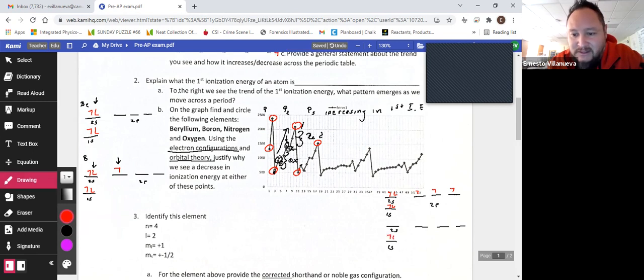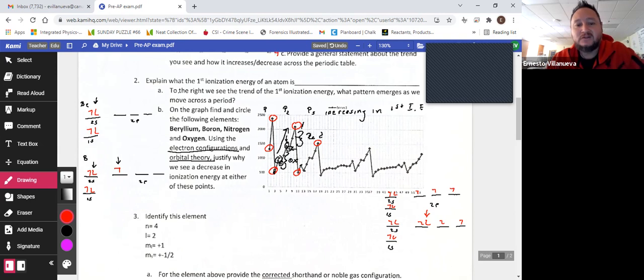Because that happens, oxygen is going to be in the same boat as boron. It's going to have that one extra electron that's going to screw up all the balance, all the symmetry, and the stability. So it's going to dip in ionization energy, just to get rid of that extra electron that's throwing things out of whack.